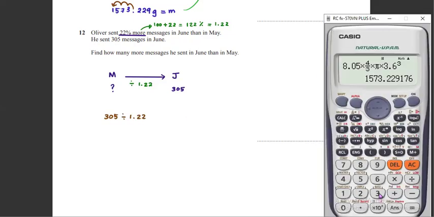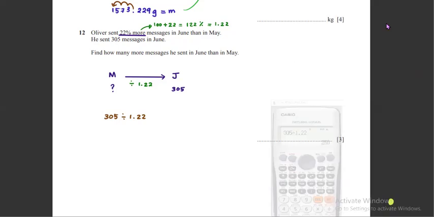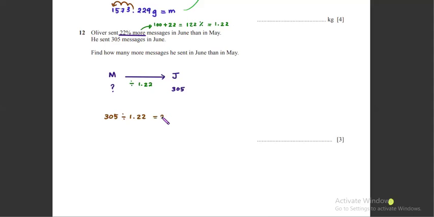So I'm going to divide 305 by 1.22. When I do the division, I get 250, which means he sent 250 messages in May.